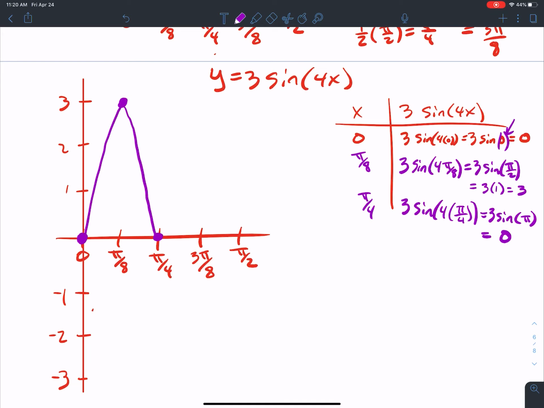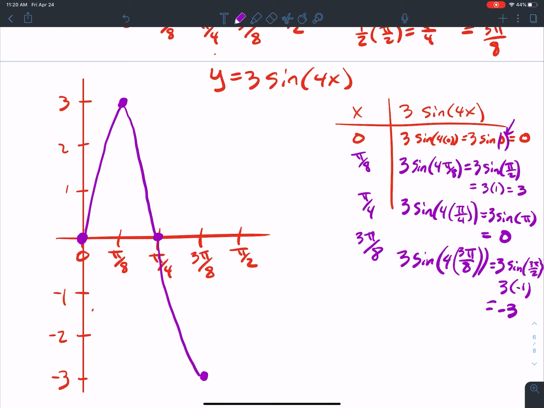If I plug in 3 pi over 8 here, this ends up getting 3 times sine of 3 pi over 2, which I know to be negative 1 times 3, which is negative 3. So you guessed it, this is going to pull me all the way down to here.